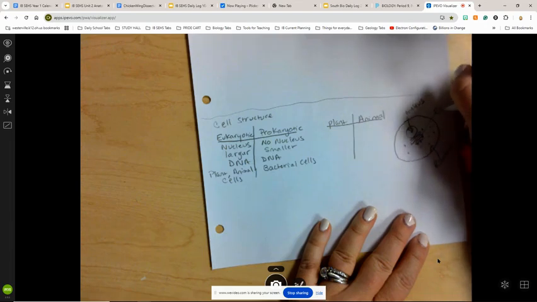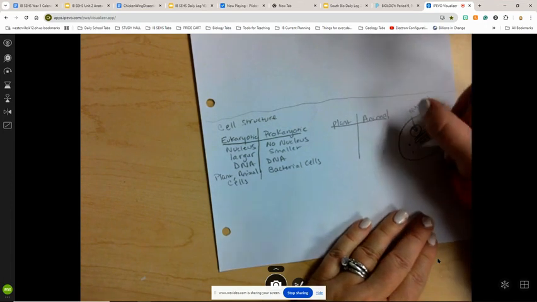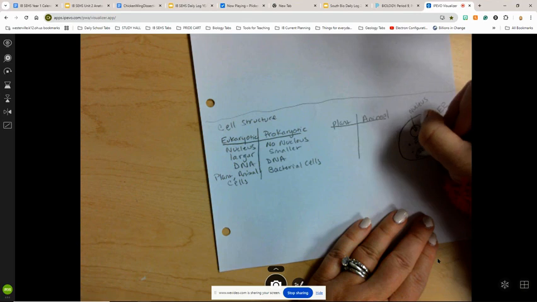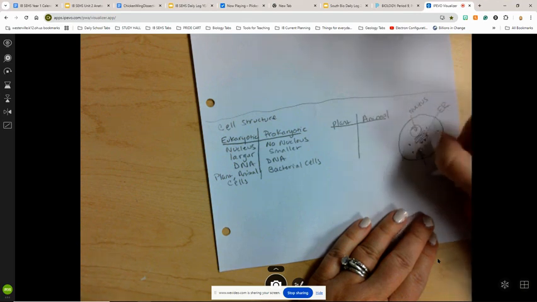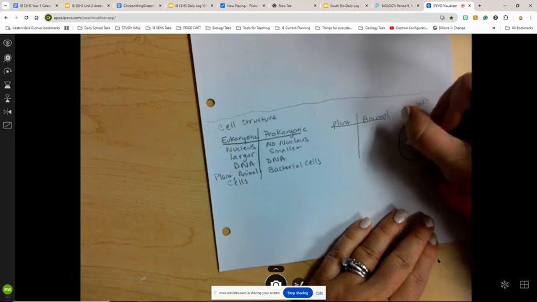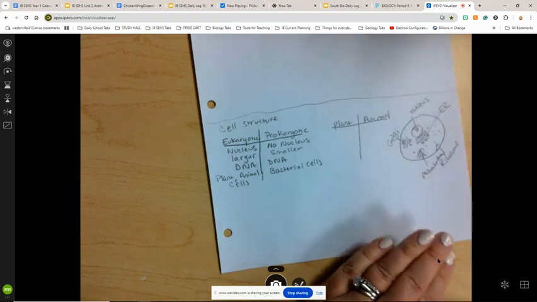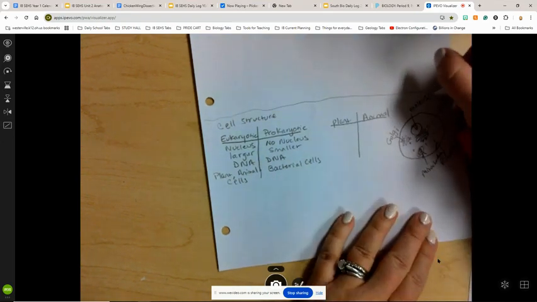So that's ER. We have the mitochondria. You should know that one. And that has an inner membrane. And you probably should also know the Golgi apparatus because it transports the proteins in and out of the cell. And other things. Nucleus, DNA is here, right?